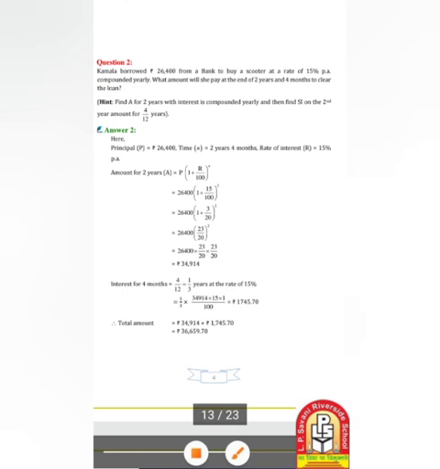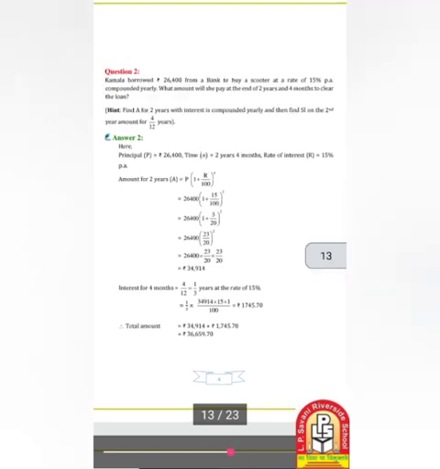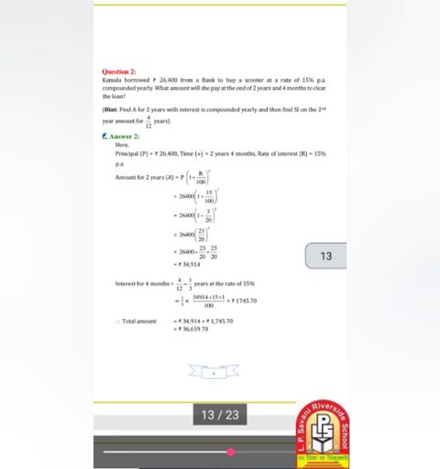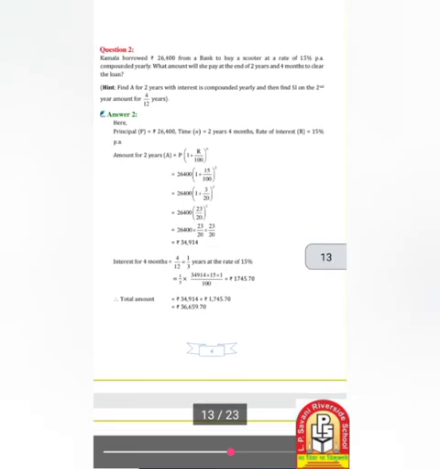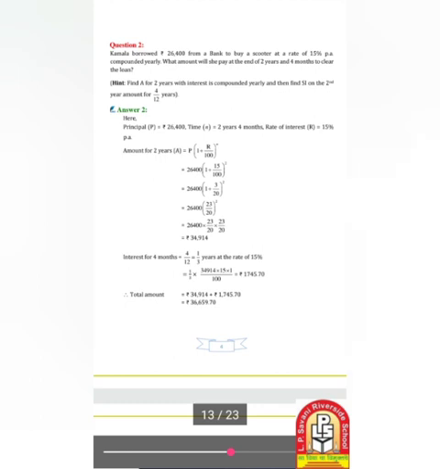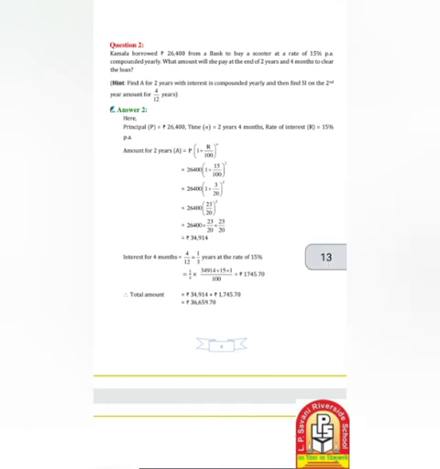Next, question number 2. In question number 2, Kamla borrowed 26,400 from a bank to buy a scooter at a rate of 15% per annum compounded yearly. What amount will she have to pay for 2 years and 4 months to clear the loan?